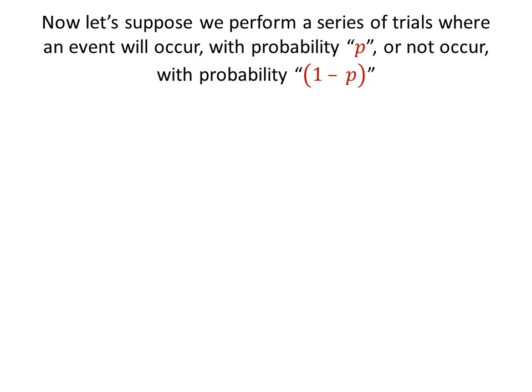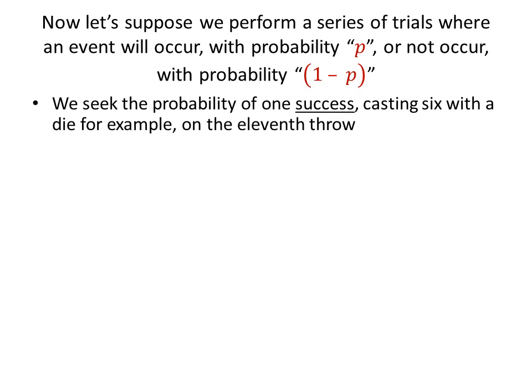Now let's suppose we perform a series of Bernoulli trials where an event will occur with probability p, or not occur with probability 1 minus p. We seek the probability of 1 success, casting a 6 with a die, for example, on the 11th throw.